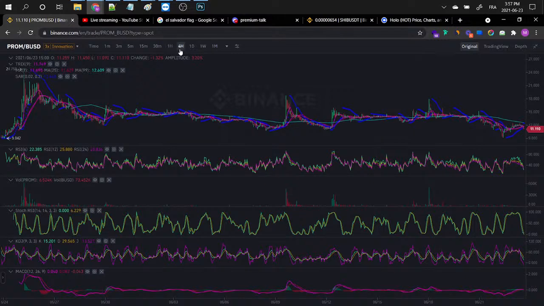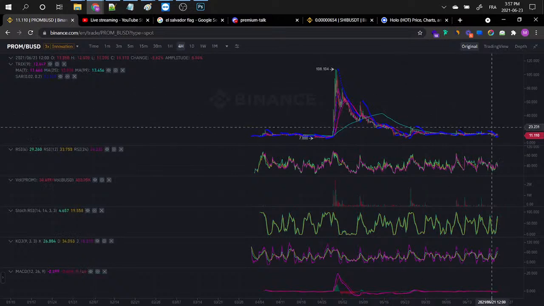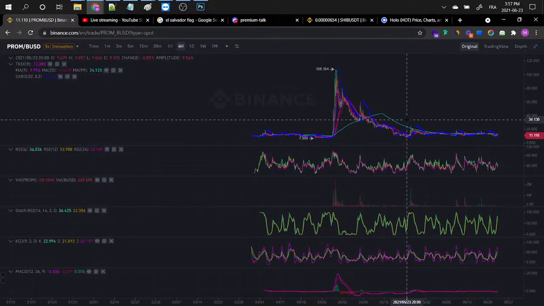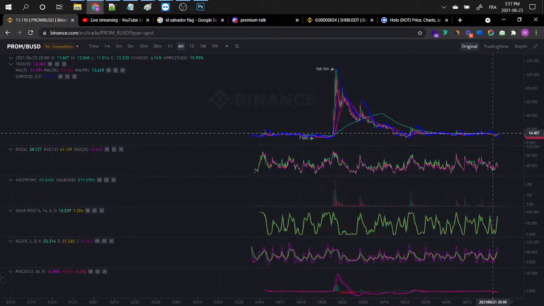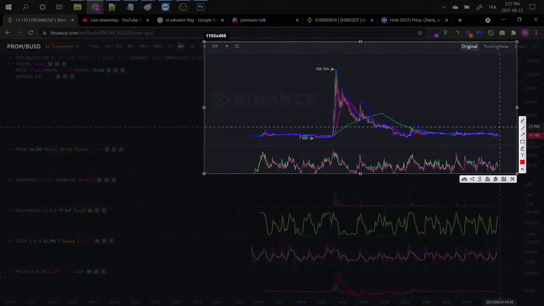I would not explore the Prom because there's not enough cycles. I would still be careful with it, although it looks like it has been stabilizing like crazy for the past multiple days. And normally this type of stability ensures a pump, a very strong pump. So if you're very, very patient, you can get yourself a position and then set yourself on a sell order at approximately the previous resistance level at approximately 23 bucks.